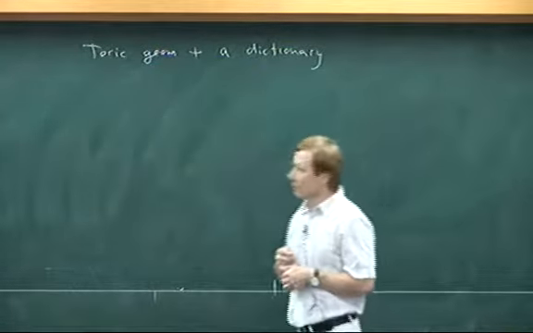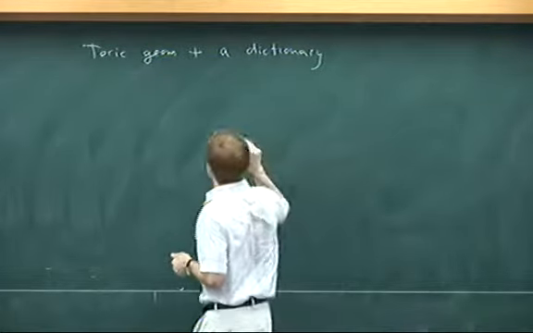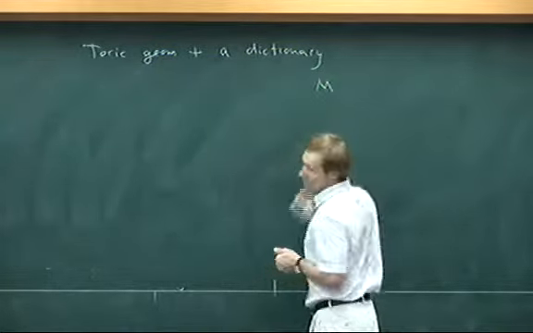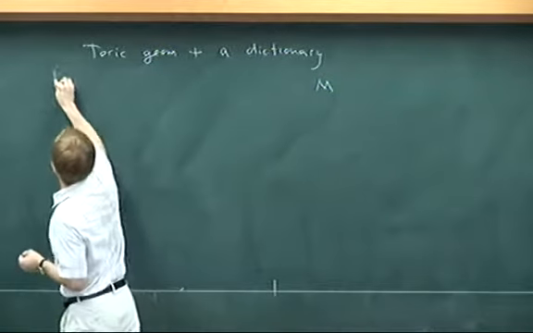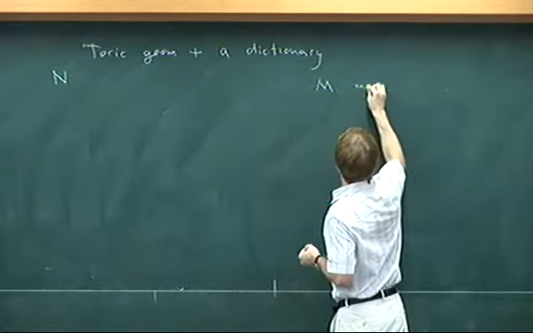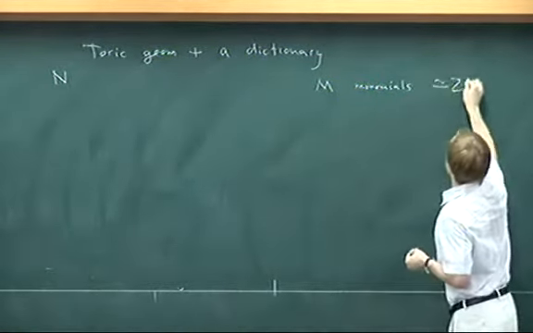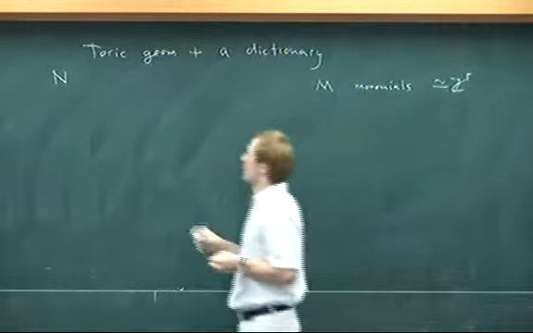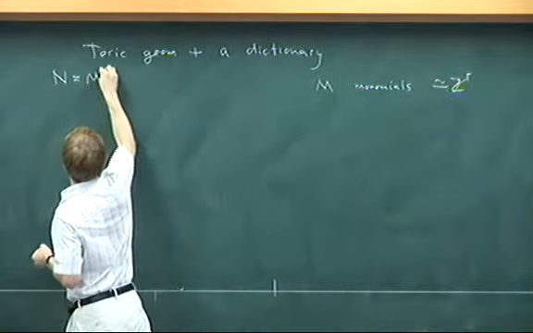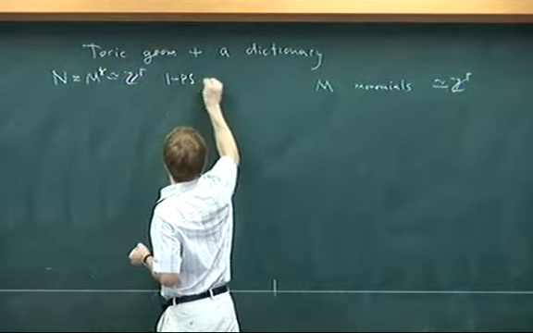In toric geometry, there are two lattices. One is called M, the other is called N. M is for monomials, isomorphic to Z to the r. N is the dual lattice that corresponds to one-parameter subgroups.